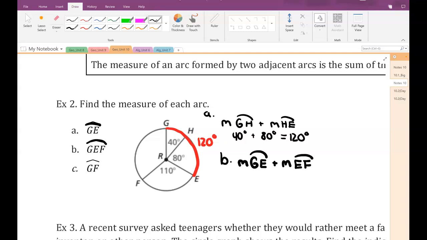We already know this is 120 degrees, and our blue arc is 110 degrees, so we can add those two together using our arc addition postulate. So we would get 230 degrees.